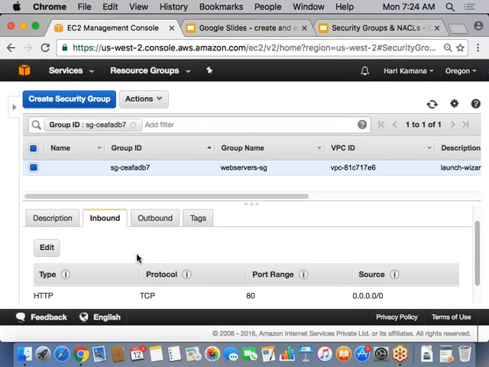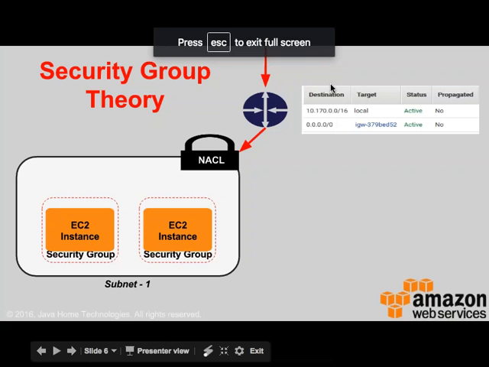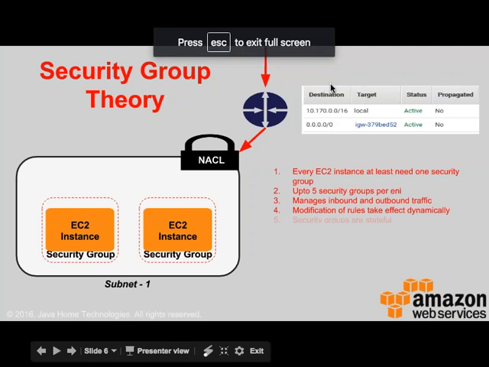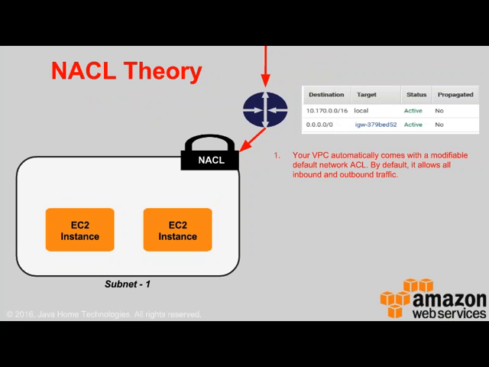Okay, we have already seen all those things for security groups. The next one is the network access control list.